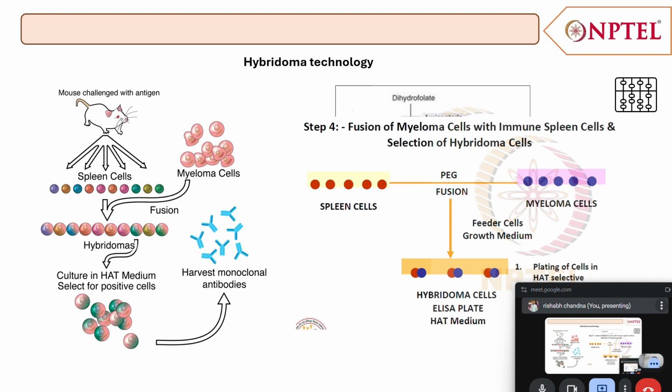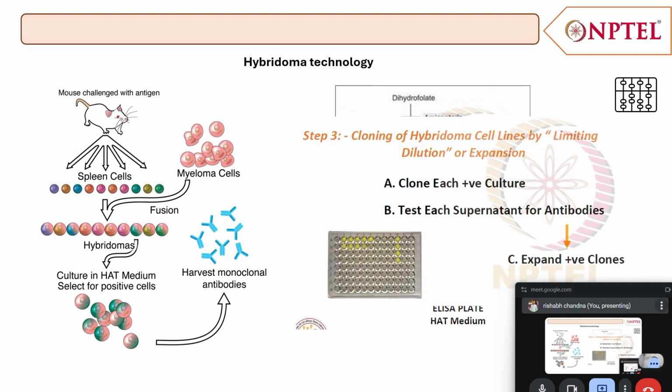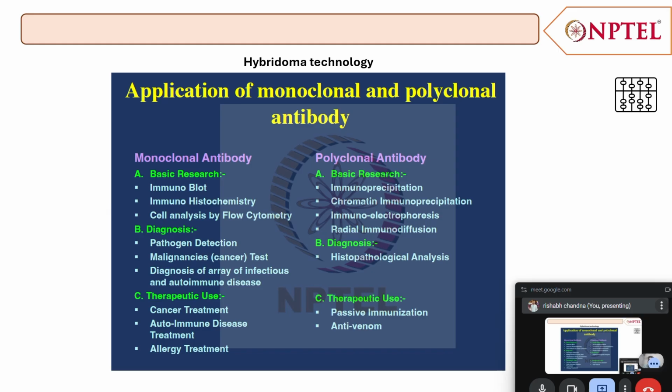Moving on, we expand these clones and test the supernatant for the antibodies. We will expand only the positive clones. So the main purposes of producing monoclonal and polyclonal antibodies are as follows.